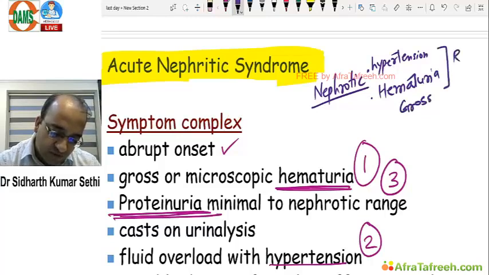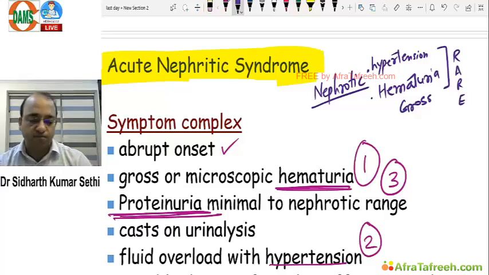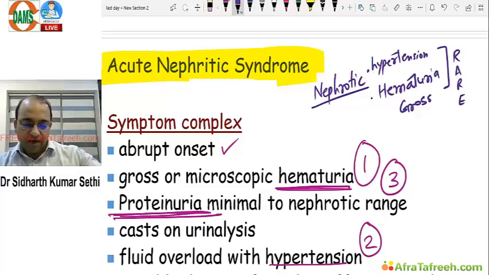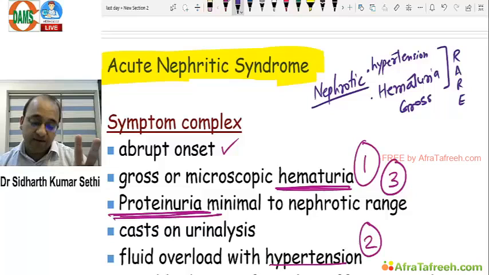So do you understand? We said nephritic has a triad of hypertension, proteinuria, and hematuria. Okay, so remember that.